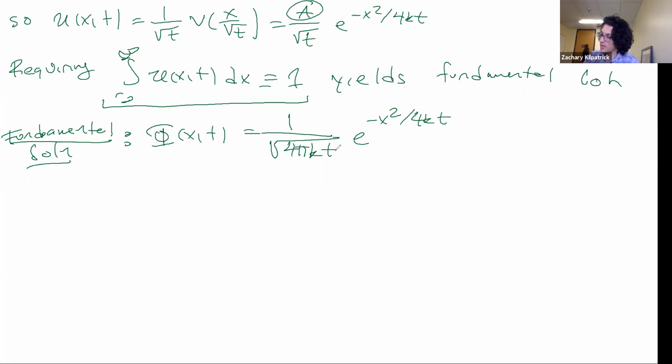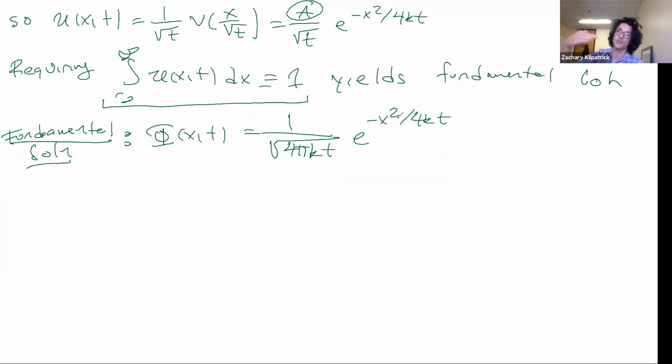Well, something interesting happens as t goes to 0. This prefactor is going to blow up as t goes to 0. However, this is going to blow up too. So this is going to be e to the minus infinity essentially everywhere except at x equals 0.